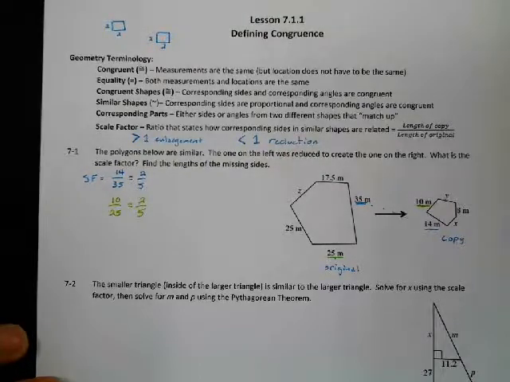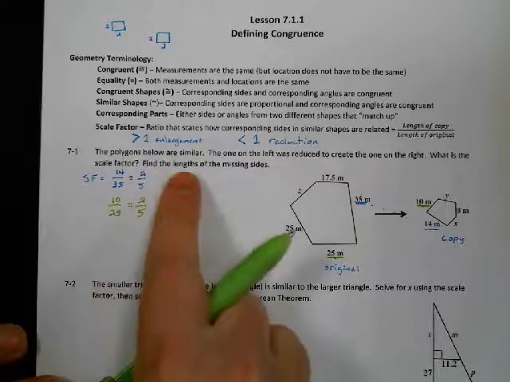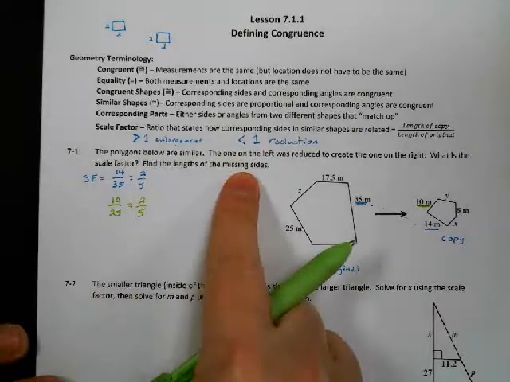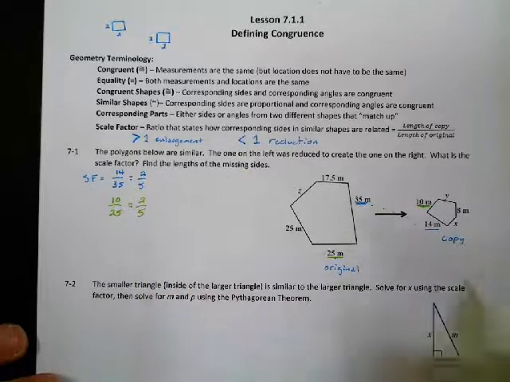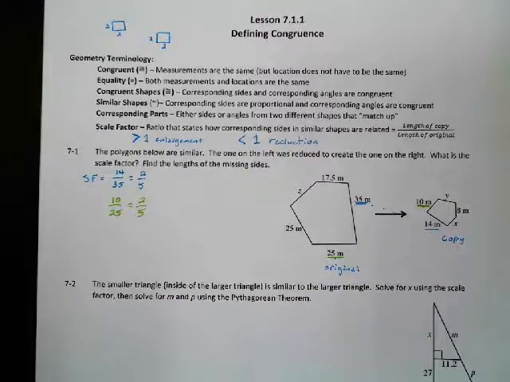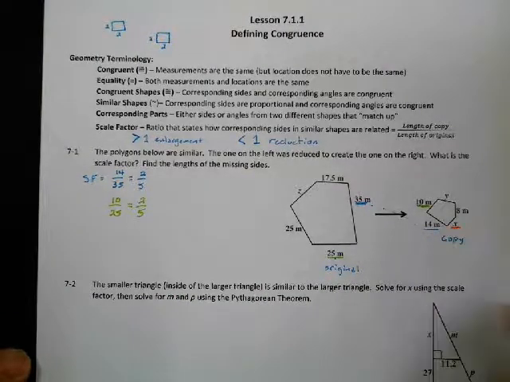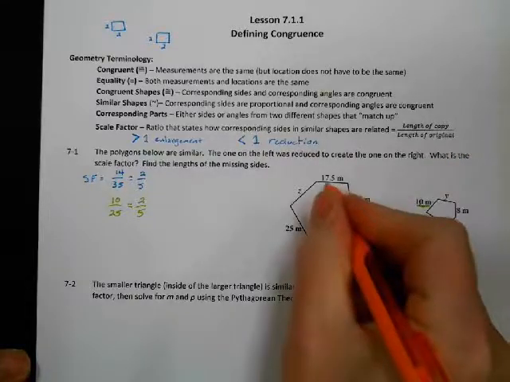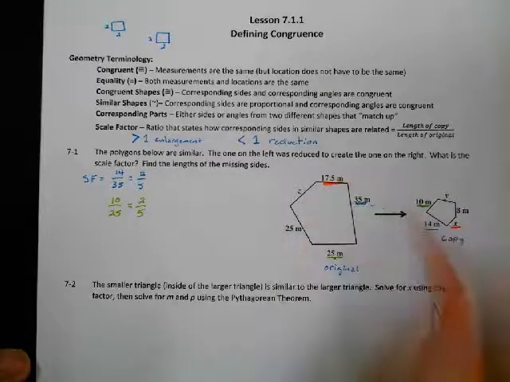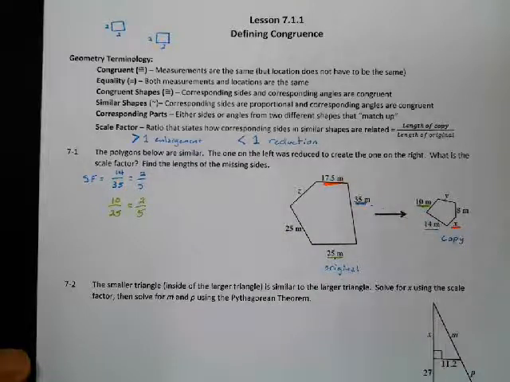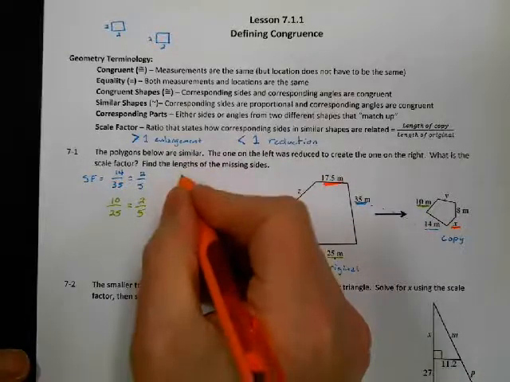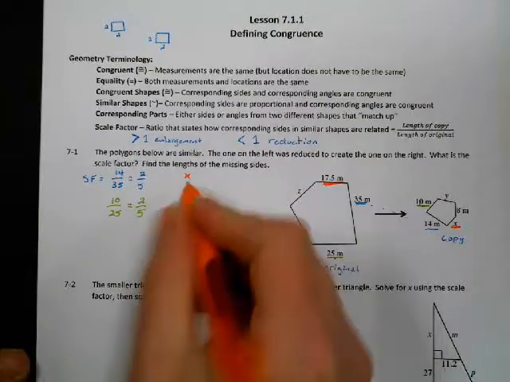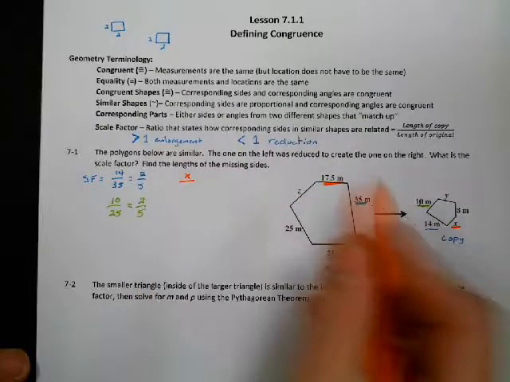So everything's matched up. Now we're going to find the lengths of the missing sides. Okay, let's start with the X. Remember we had to spin this one in our head, so spin it, and it should correspond with this one up here. So the copy is X. It corresponds to 17.5.